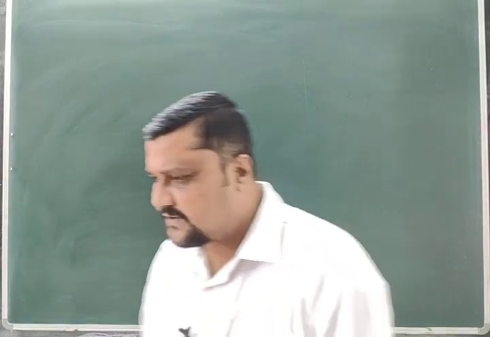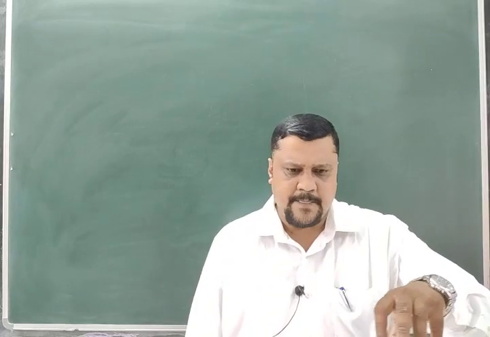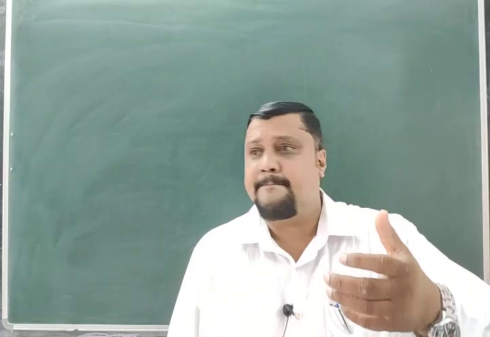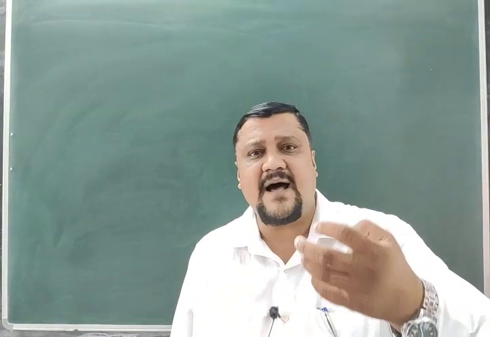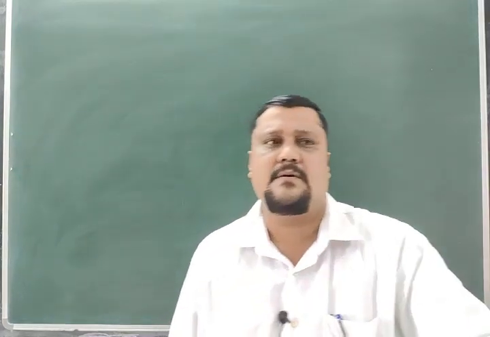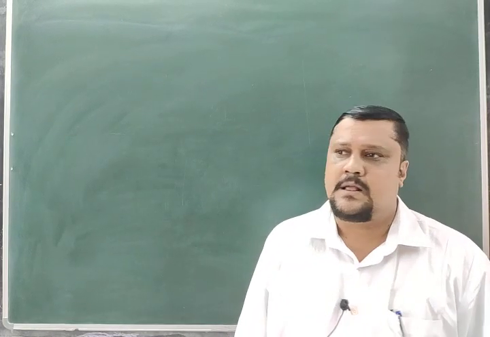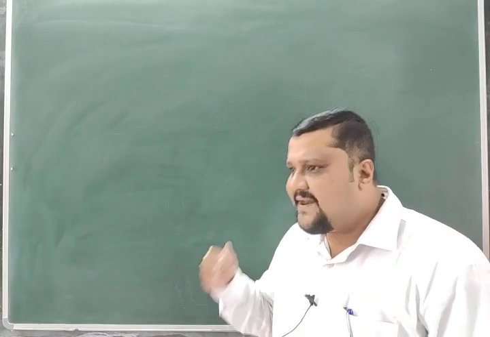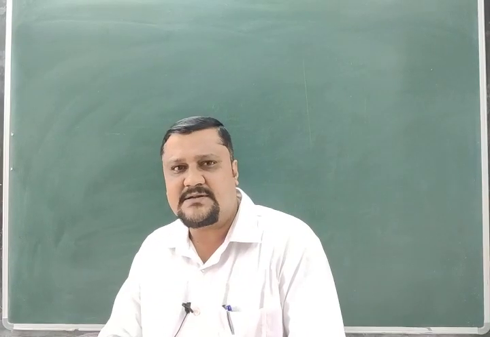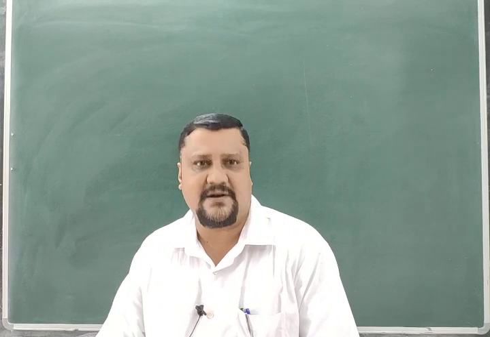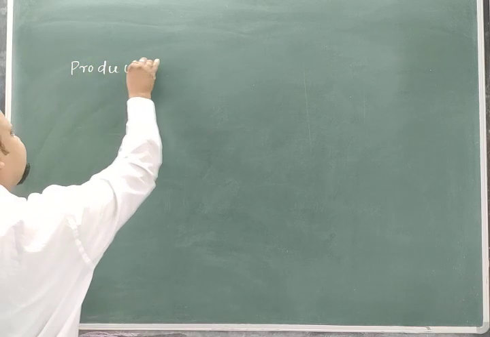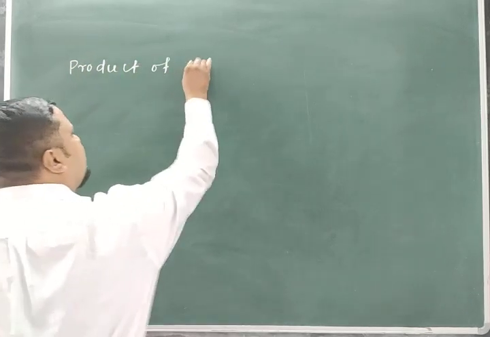So far we have become very familiar with the addition and subtraction of vectors. From there, now we will go for another mathematical operation with vectors, that is the product of vectors, or multiplication of vectors.